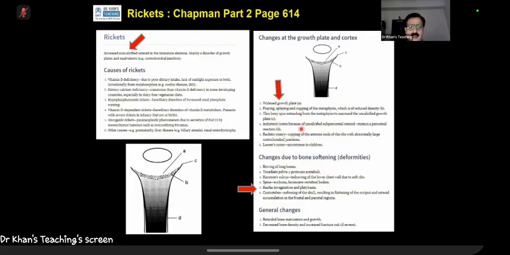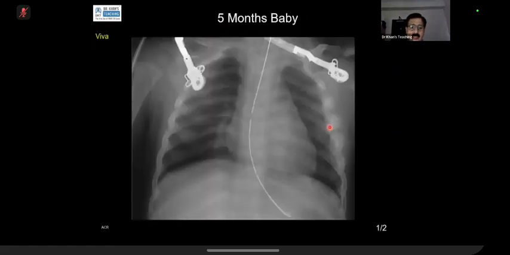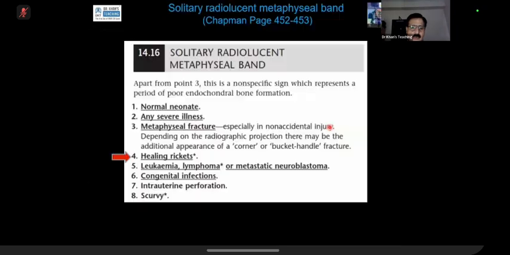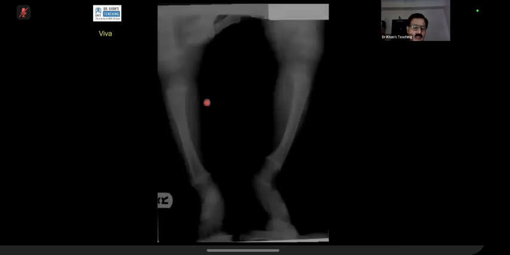Even here, it is written indistinct cortex because uncalcified subperiosteal osteoid mimics a periosteal reaction. This is why I emphasize that each and every line can save a case for you in the exam. So it's a unifying diagnosis. There is a bit of metaphyseal cupping and bowing of bone, and within this, periosteal reaction. By the way, in congenital syphilis you will find metaphyseal erosions here. So you don't see that, and you will not see this finding in congenital syphilis.